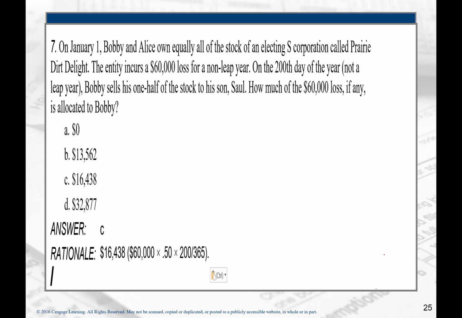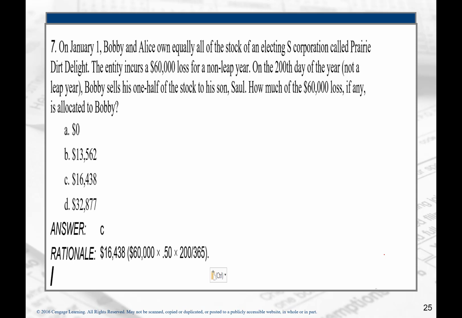It's pretty sad. But anyway, how much of the 60,000 loss, if any, is going to be allocated to Bobby? So Bobby is the dad or the kid? Bobby sells 1/2 of the stock to his son Saul. How much of the 60,000 loss, if any, is allocated to Bobby?